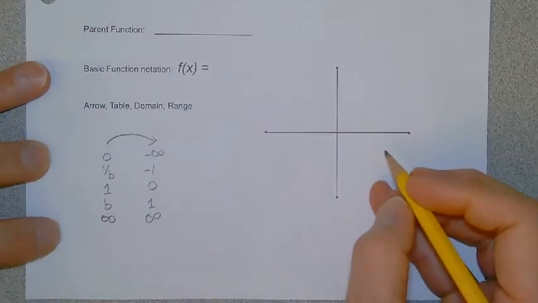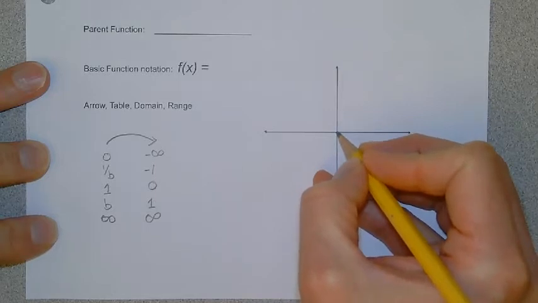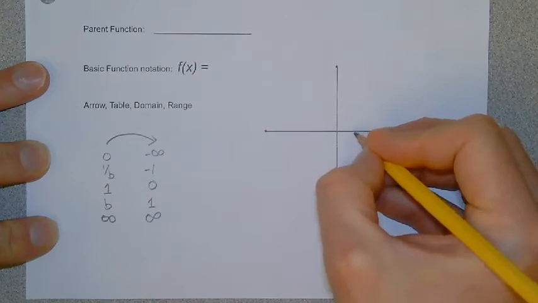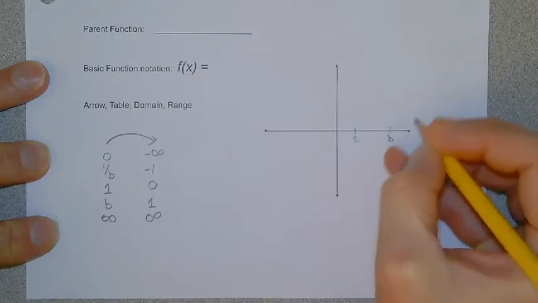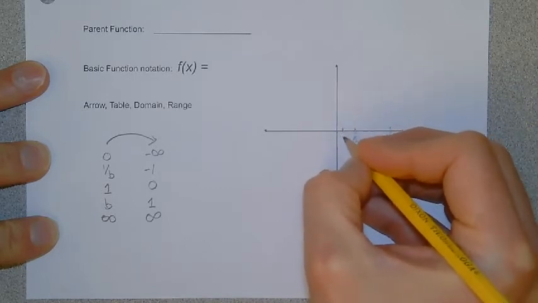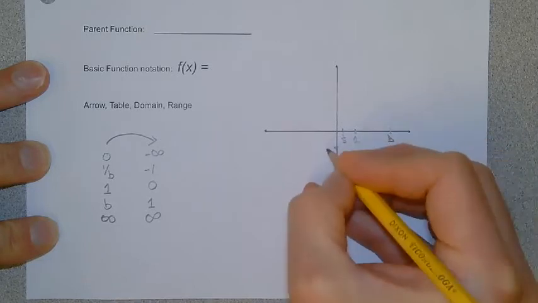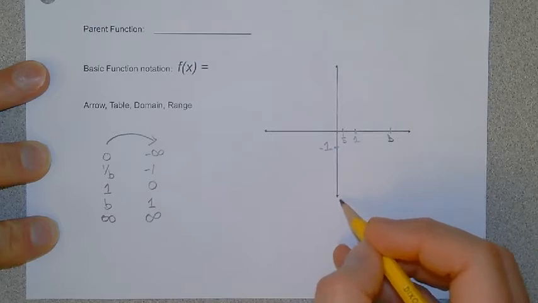If we plot some of these points, this now says that as we're getting close to 0, well, we'll come back to that one. Let's put some other points out here. So let's put 1 out here. Let's put b, which we know would mean 1 over b is in here somewhere. And output of negative 1, output of negative infinity obviously is way down here.